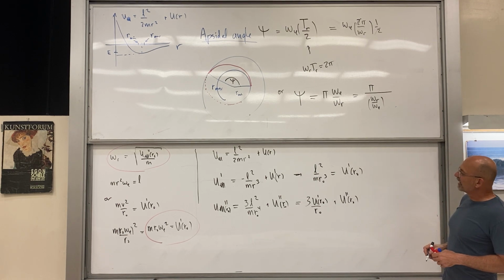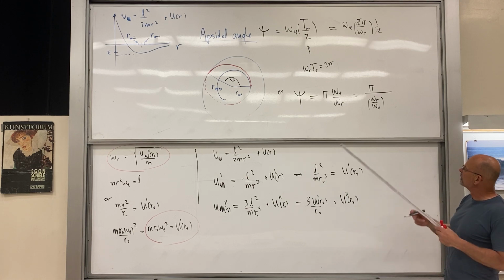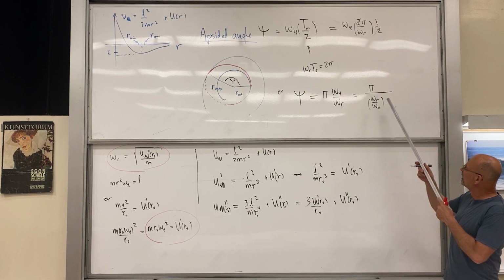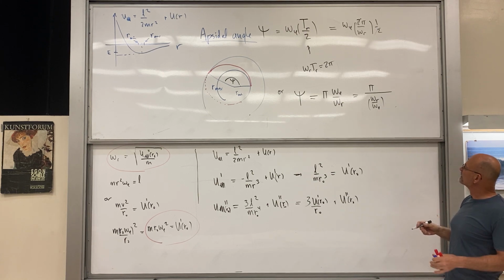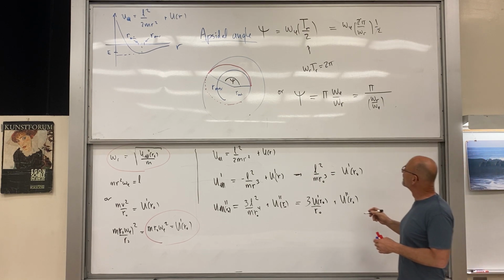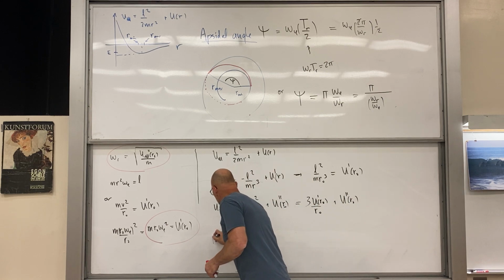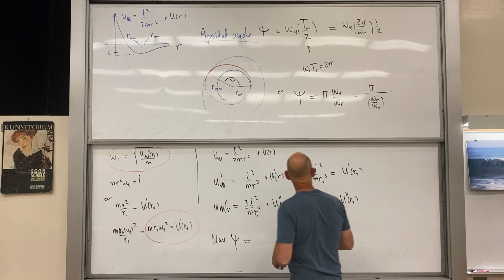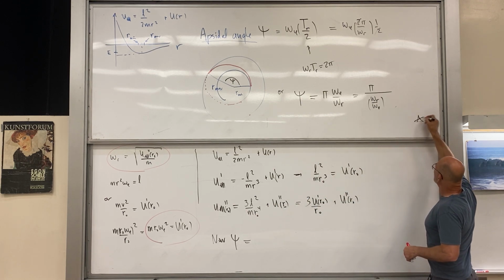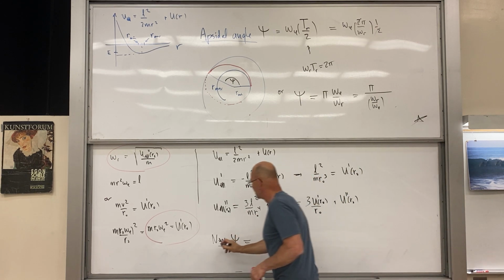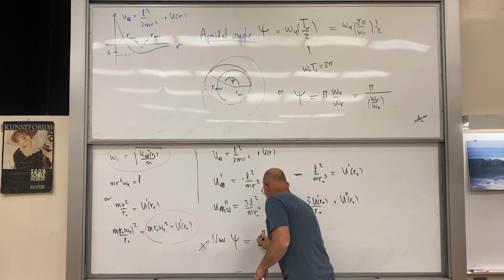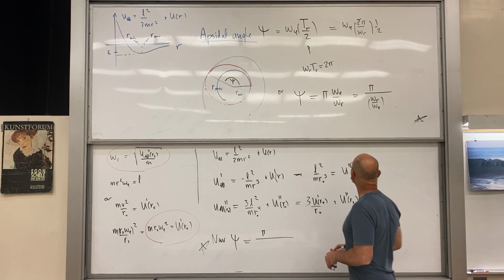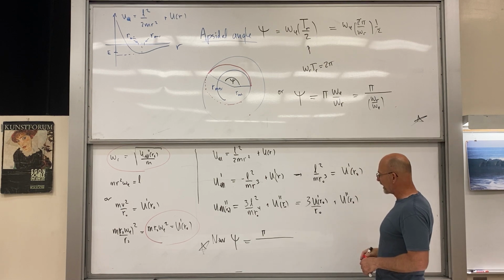So now we're ready to deal with this. Let's see if that works. We have now C is equal to, this is our equation, pi divided by omega sub r over omega sub phi.